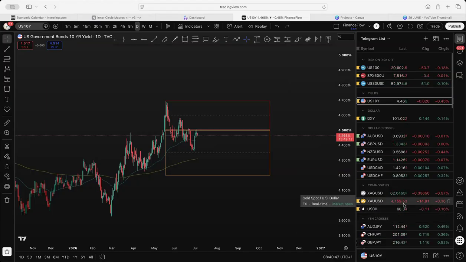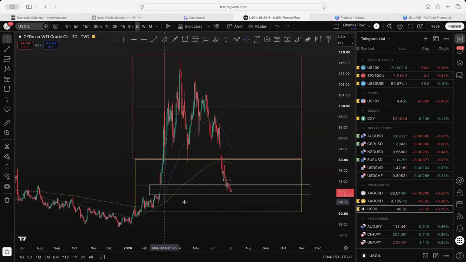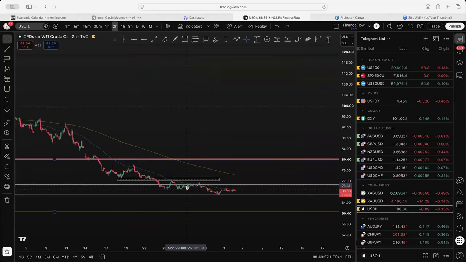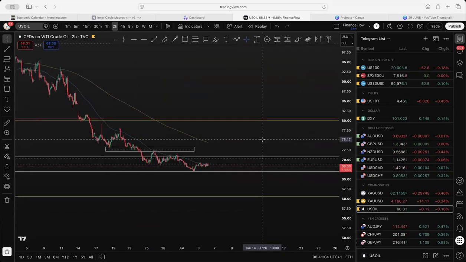In regards to gold and oil, oil's still tailing off, still holding around this area here. Look how slow price action's been on oil. To me, I don't think it's telling us anything one way or another.